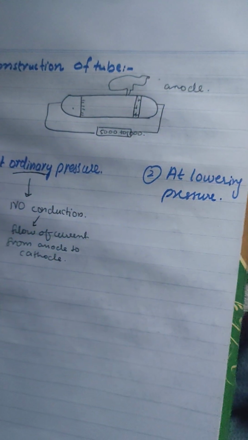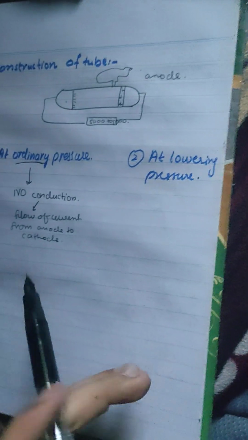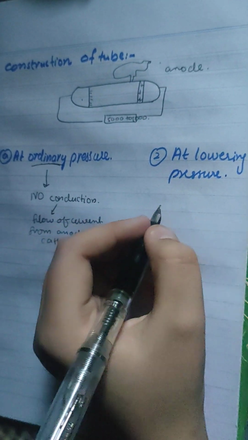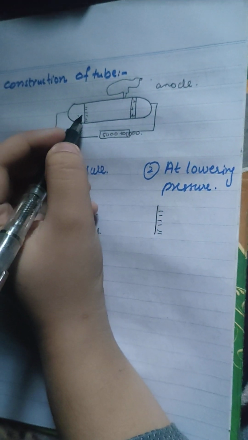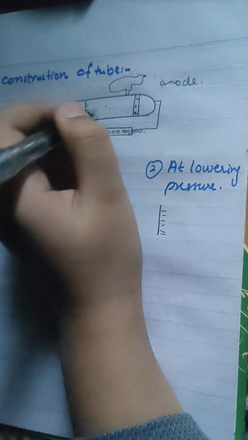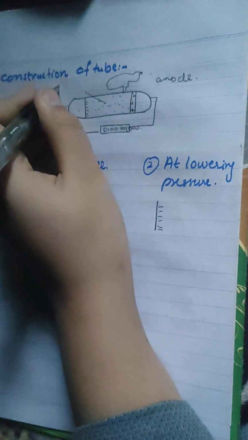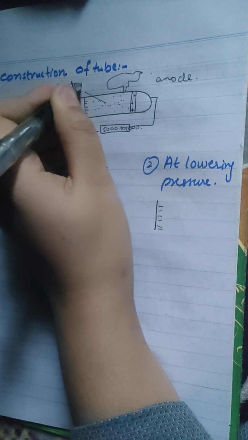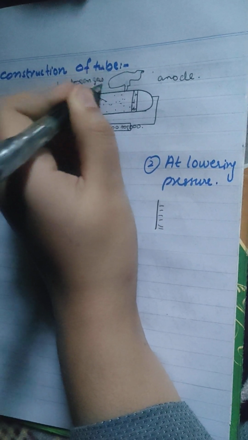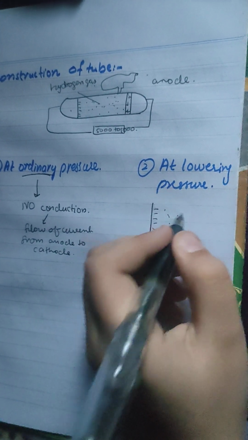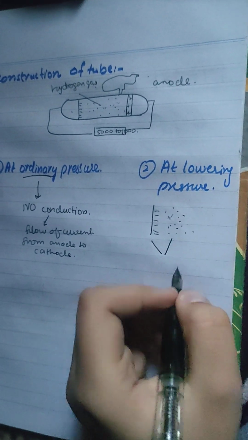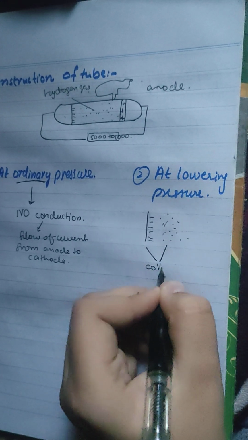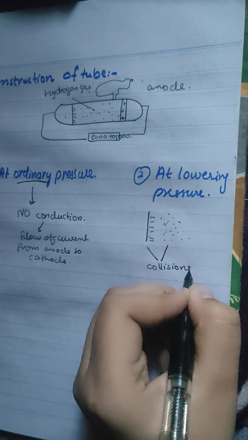Let me tell you. On lowering the pressure, you can see this negative sign which is placed here. After that, in this we put the hydrogen gas. So here we also have the hydrogen gas. The connection between them is basically collisions.